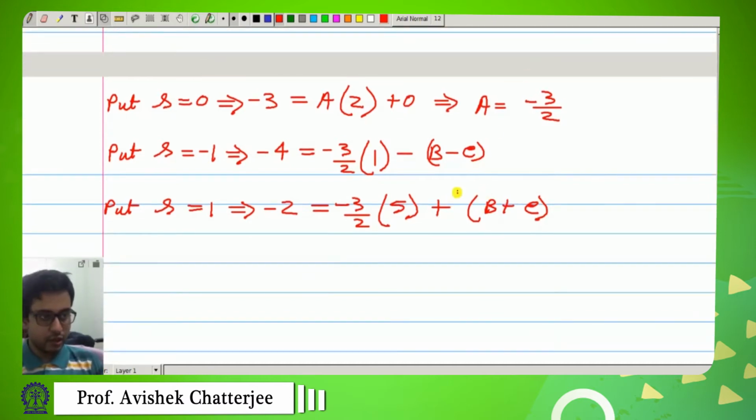Okay, so this is one equation, this is another equation. This is equal to minus 4 and this is equal to minus 2.